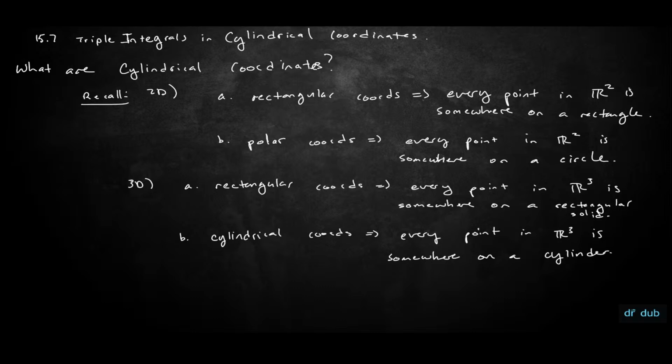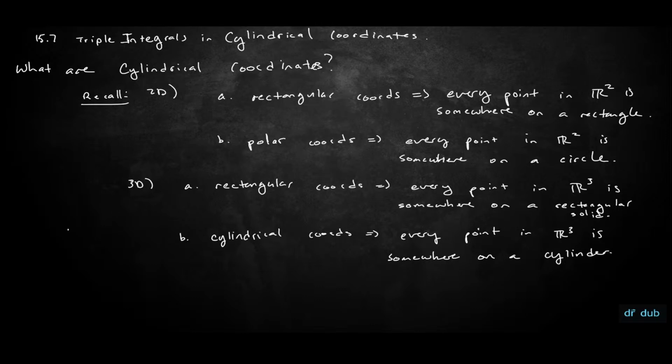So it's very similar to polar coordinates in that there's a circularness to the coordinate system, but there's also a vertical component on a circular cylinder. So now we basically have polar coordinates with a three-dimensional aspect.